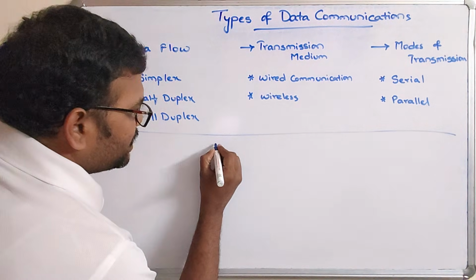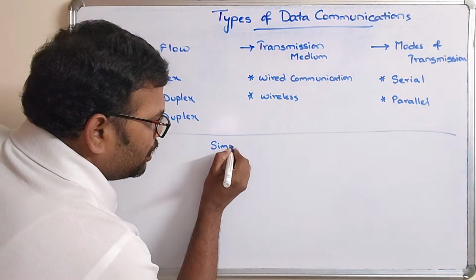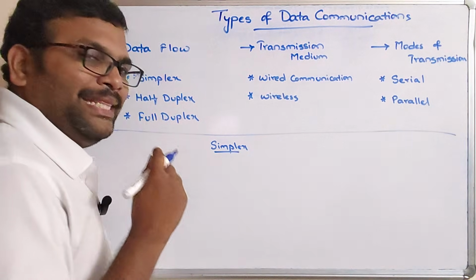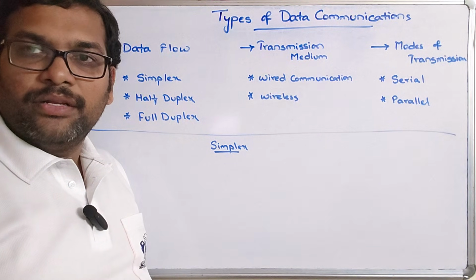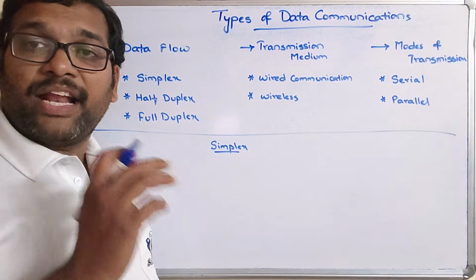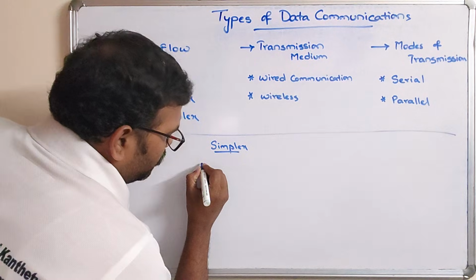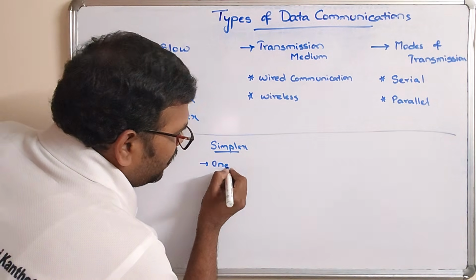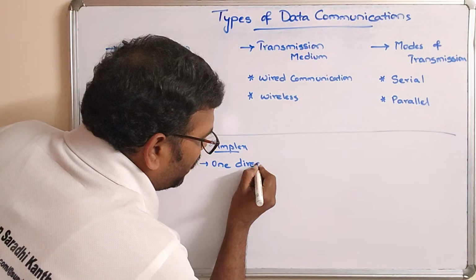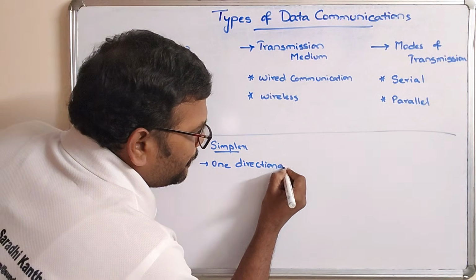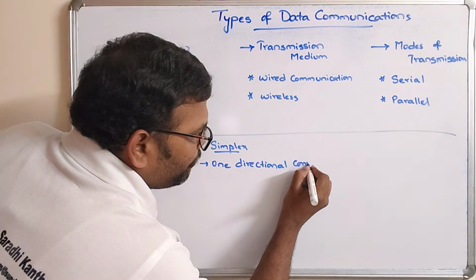So coming to the simplex. In this simplex data communication, the data can be transmitted in one direction. It is also called one directional communication.